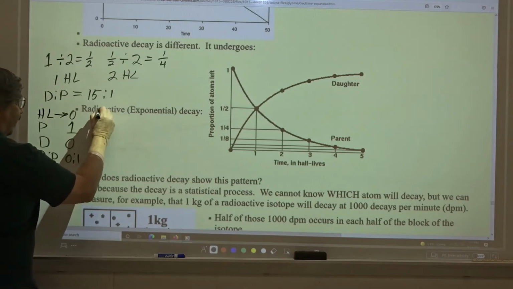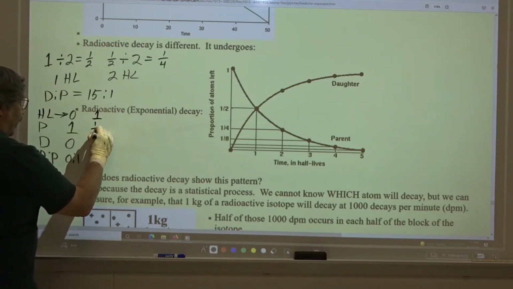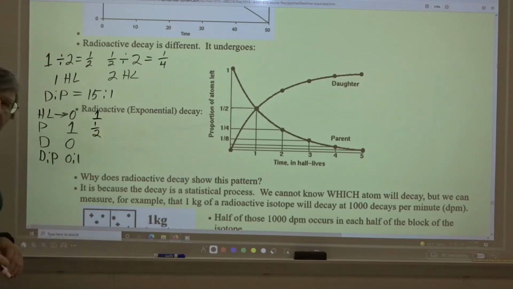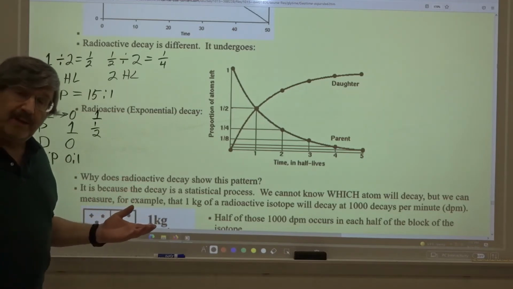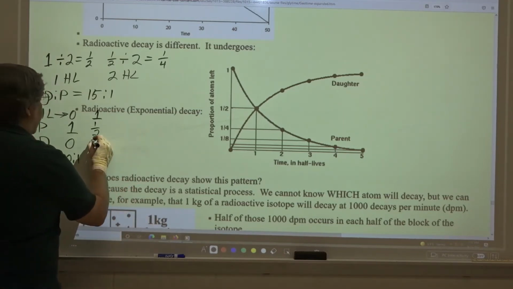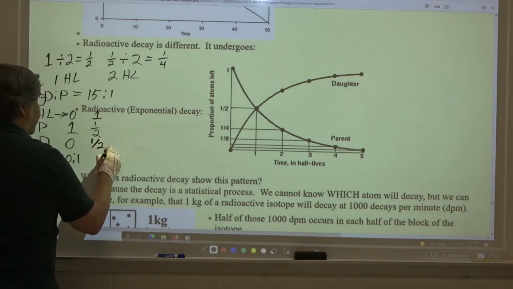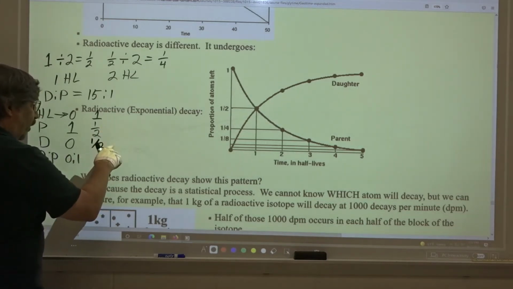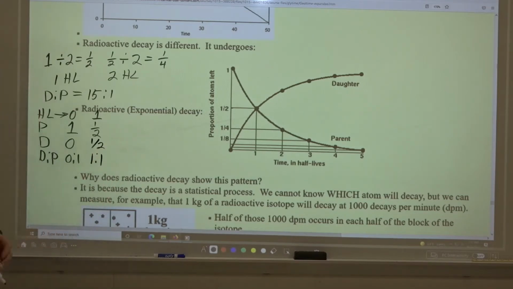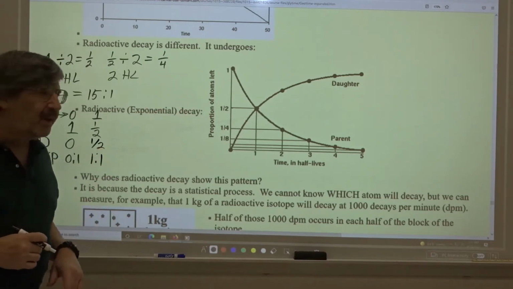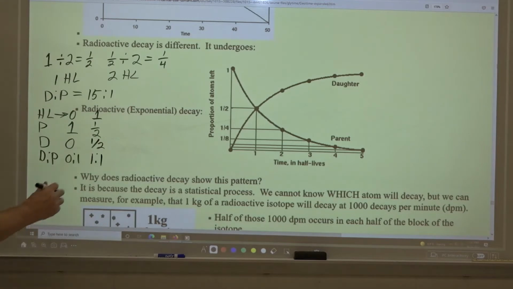After 1 half-life, we've divided our parent by 2, so we now have half of what we started with. By subtracting that from the amount that we started with, we get the daughter, and so we know we have 1/2 daughter, and 1/2 to 1/2 is the same as 1 to 1, which we showed a few minutes ago over on the right-hand side.